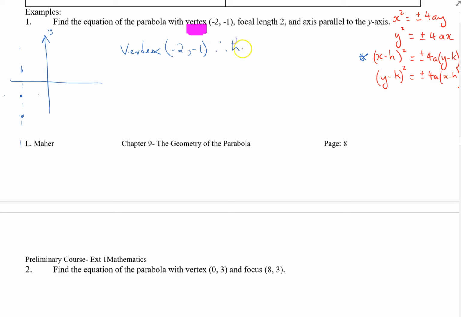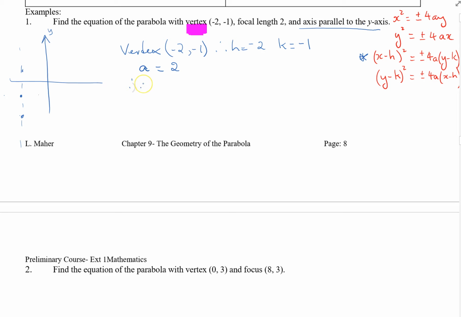Therefore, h is equal to minus 2, k is equal to minus 1. I also know the focal length, which I'll know is a, is 2. I've used this piece of information in drawing my graph.